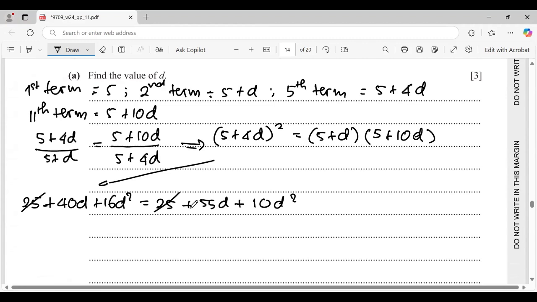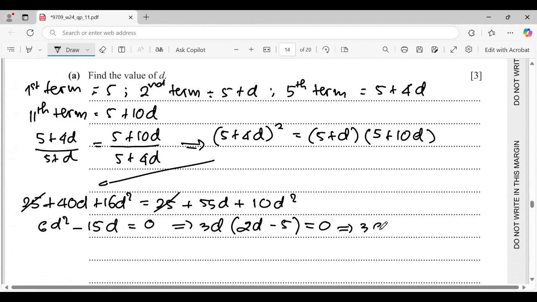And then after that, 16 minus 10 is 6D squared. And then 40 minus 55 is minus 15D equals 0. I would like to factorize: 3D times 2D minus 5 equals 0.